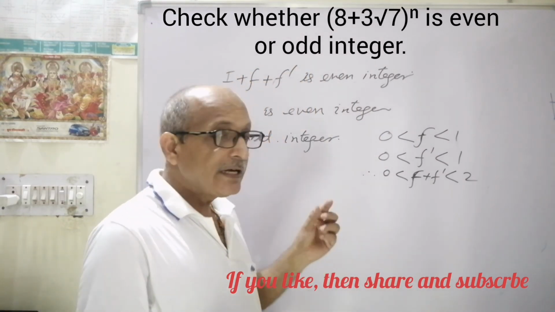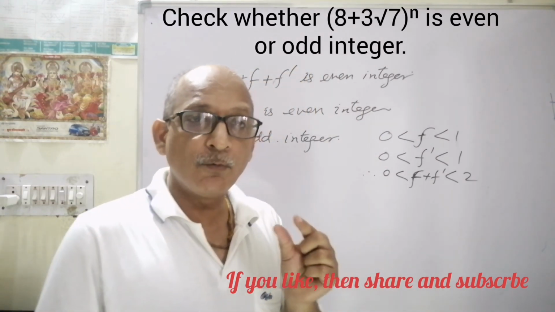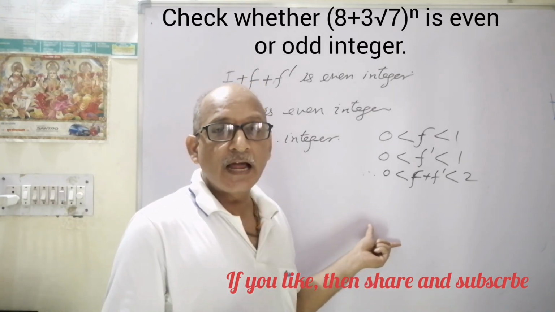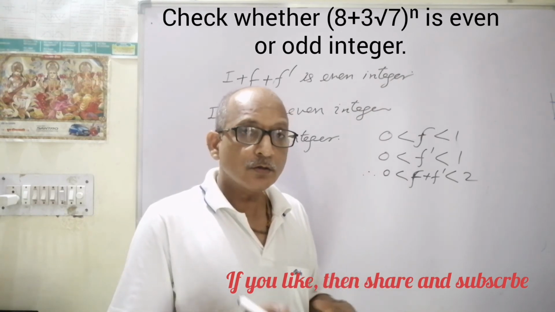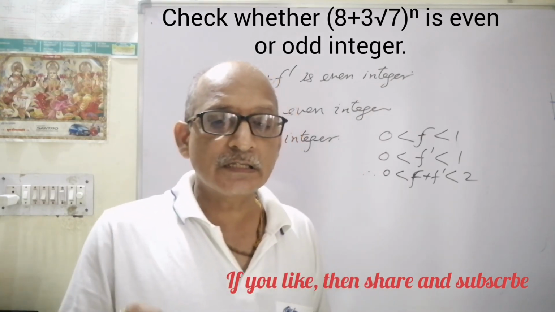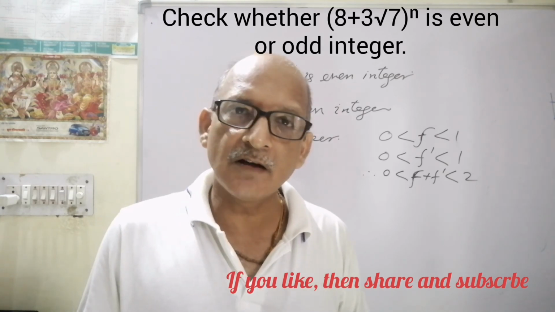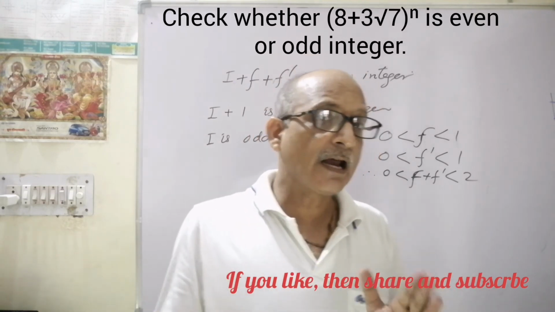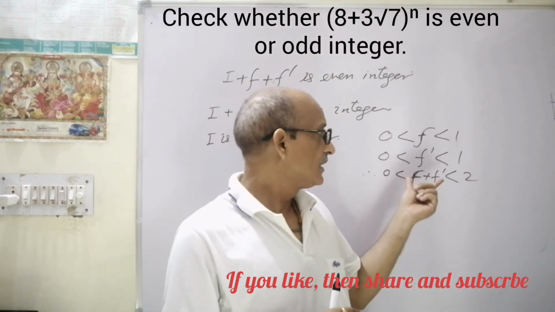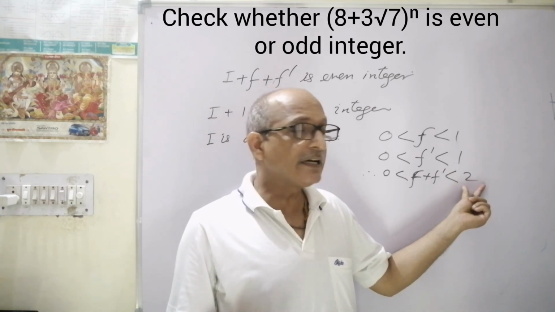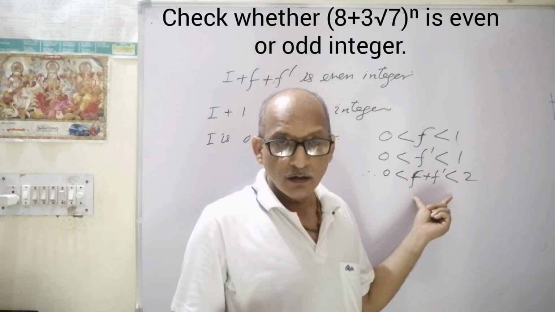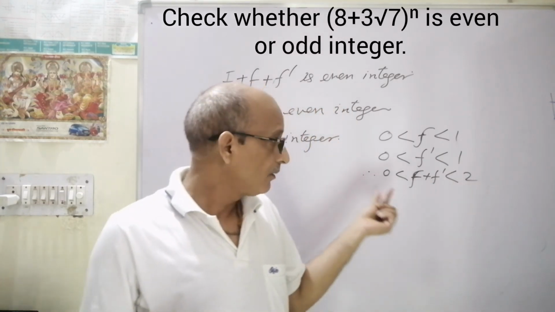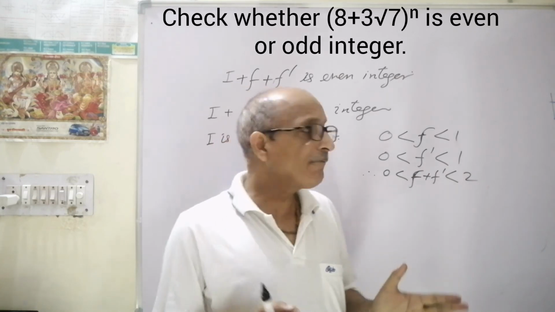Another is that any number that divides 1 and is more than 1, the quotient will lie between 0 and 1. So 1 upon anything bigger than 1 gives less than 1, which means we again get proper fractions. Again the sum of two proper fractions is less than 2 but an integer. So f plus f dash is an integer less than 2 and more than 0, so it is 1. So f plus f dash is 1.